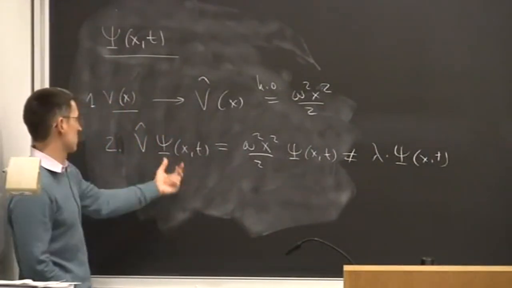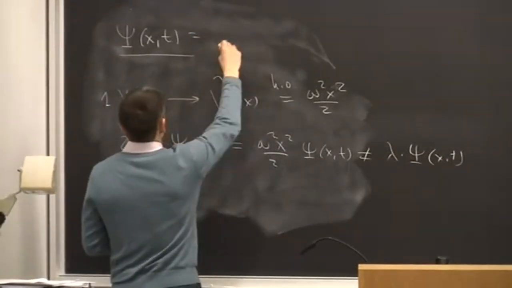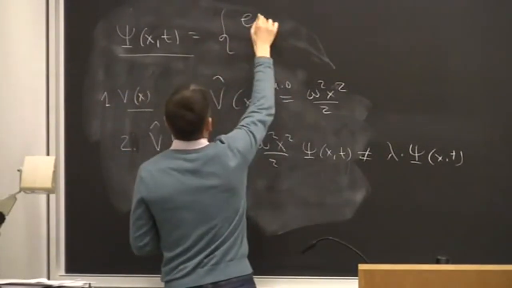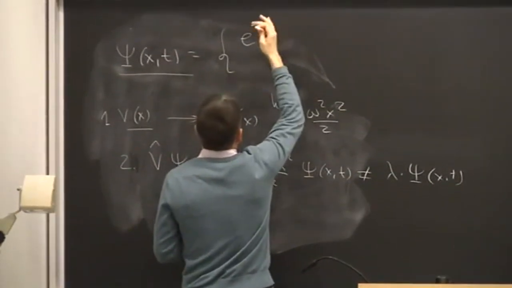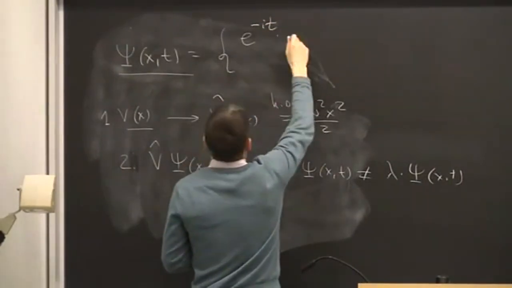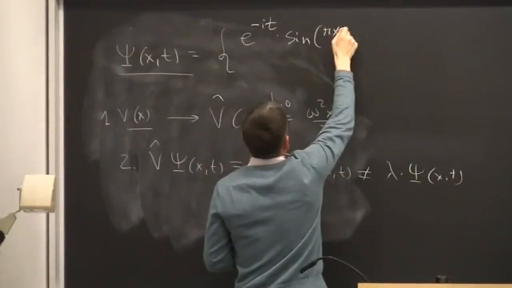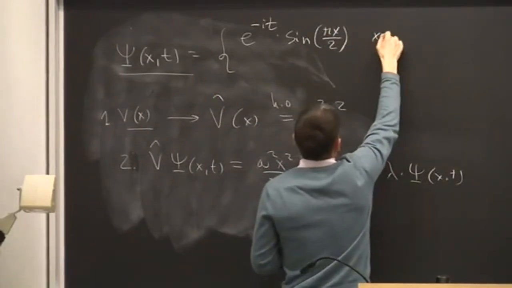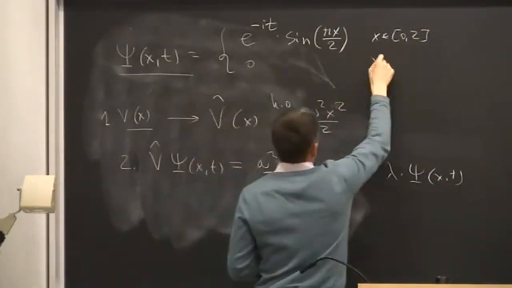To be specific, the function would be the exponent of minus i times t, multiplied by sine of pi x divided by 2 when x is between 0 and 2, and 0 otherwise.